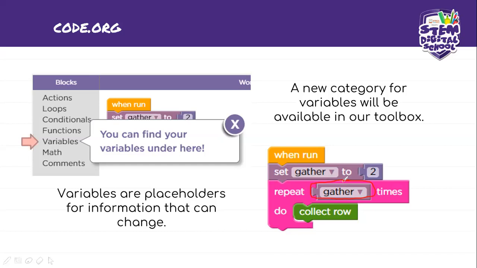If those values are all the same, you just come up here, change the value once, and then it will change wherever you have used this gather puzzle piece. It will change that placeholder to the new value everywhere in your code. Okay, so that is a nice thing to make changes quickly.